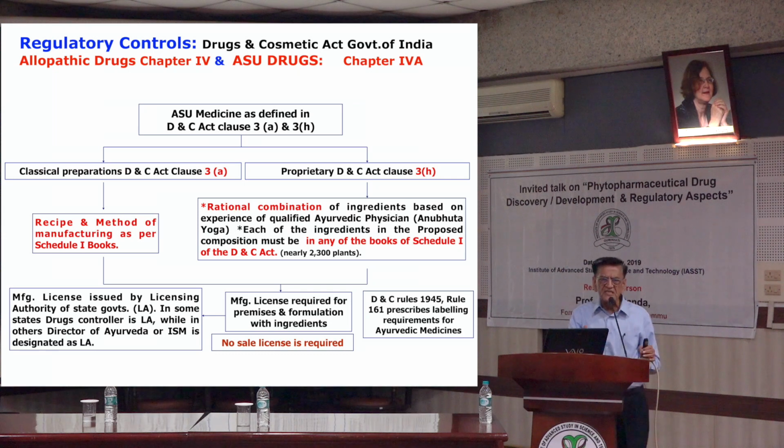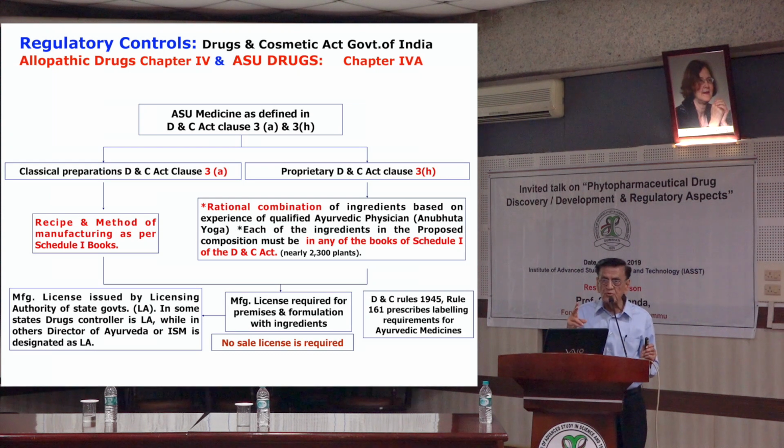Now, there are different definitions which have been coined, the 3A definition, the 3H definition. There are classical medicines, ASU classical drugs, under the Act. Those are formulae that our ancient Rishis and Munis wrote. In the Act, there is a schedule listing books.